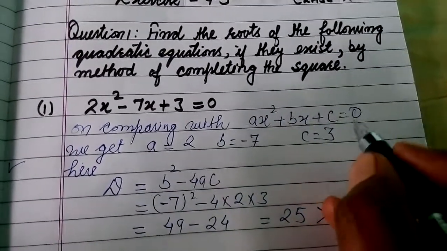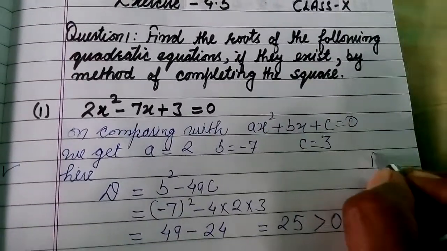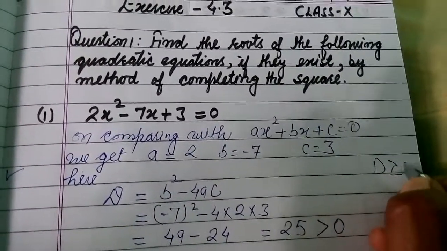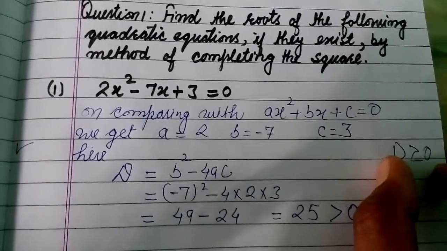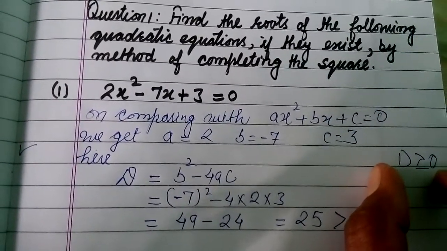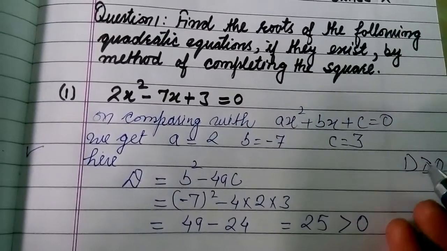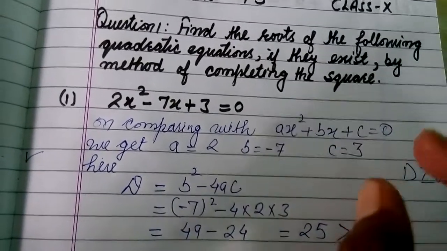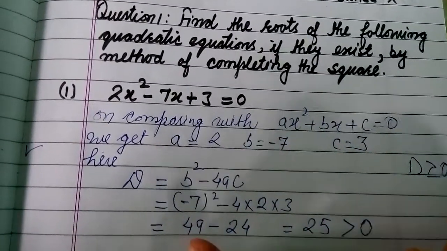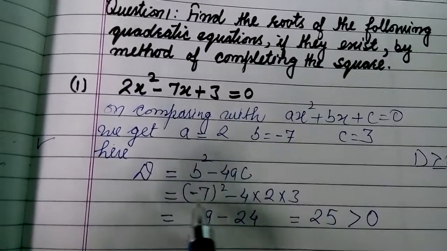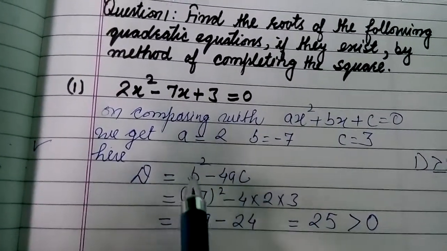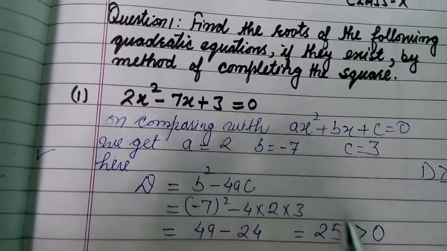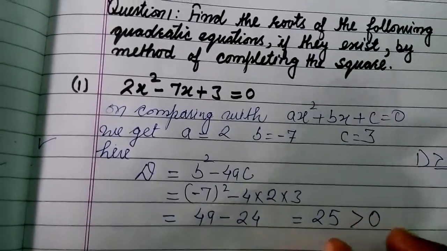The root exists if this D is greater than or equal to 0, only then the root exists. You have to keep this in your mind: whenever the value of the discriminant is greater than 0 or equal to 0, only then the roots of a quadratic equation exist. And here, when we find the value of D, that means b square minus 4ac, we got the value 25, which is greater than 0.